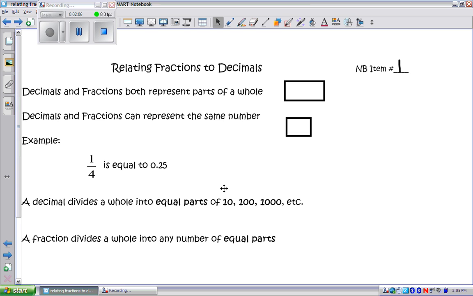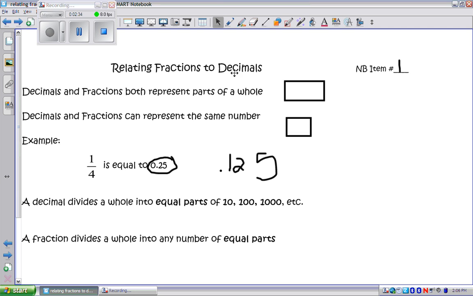A decimal divides a whole into equal parts of 10, 100, 1,000, and so on. That's why I referred to this number as 25 hundredths. It's 2 numbers past the decimal, therefore it's in the hundredths. A number like this would be in the thousands.